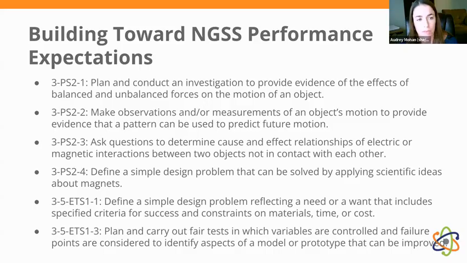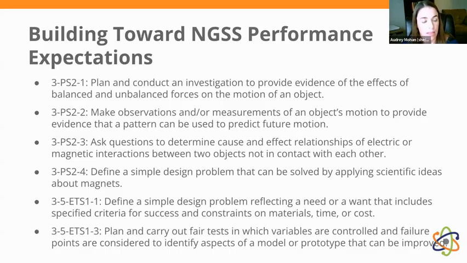The first performance expectation is really focused on balanced and unbalanced forces on the motion of an object. That performance expectation works really well with the second performance expectation, and that performance expectation is on looking at predictable patterns of motion on objects. So those two are focused on contact forces. So that's a key feature of this bundle. So I'll let you just take a look at those two.